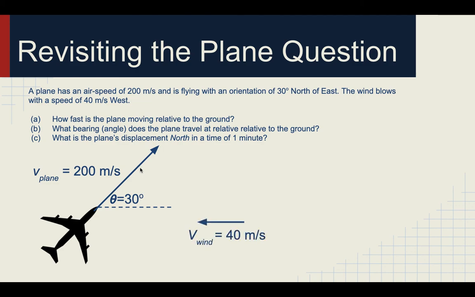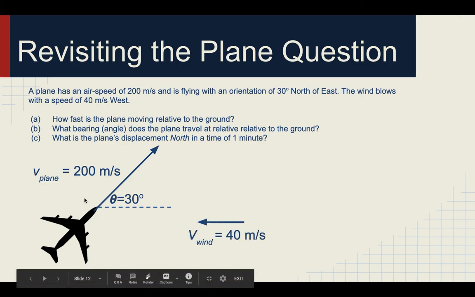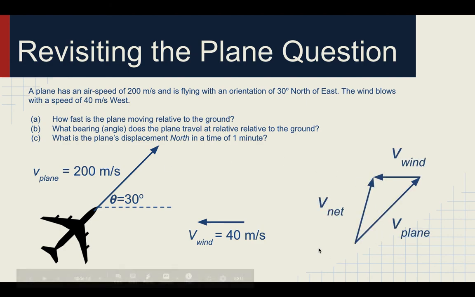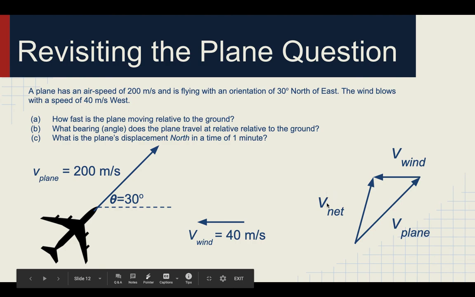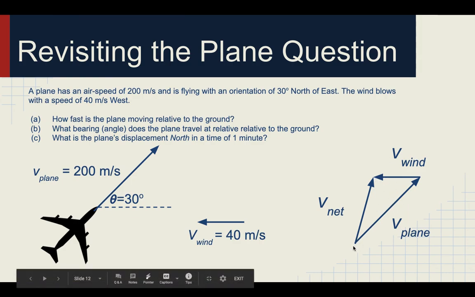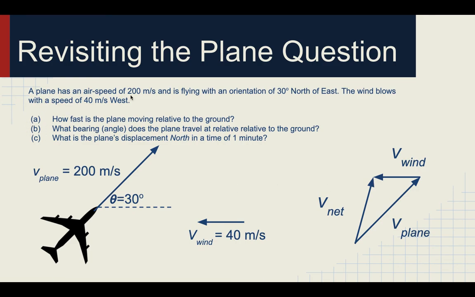West is that way, to the left actually. So that's going to slow down the plane. So the total velocity of the plane is going to look something like that. We might want to call that the net velocity. So this is the plane's velocity, but the wind is also blowing that way. If you take the vector sum, that gets you the actual velocity of the plane. And that's what we're trying to find here in part A.